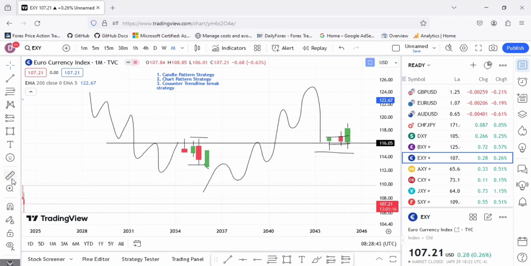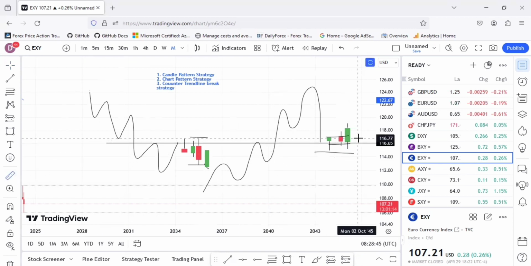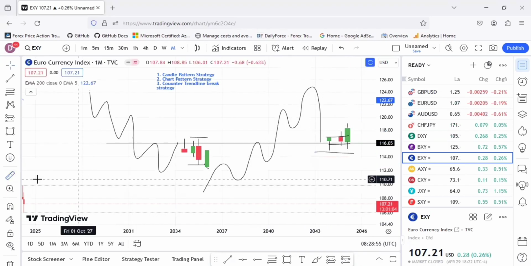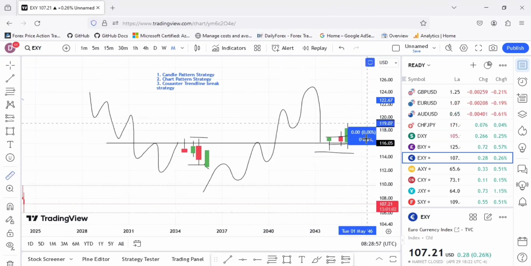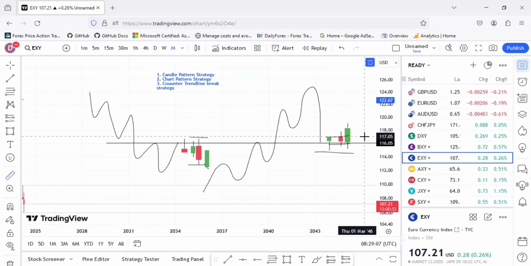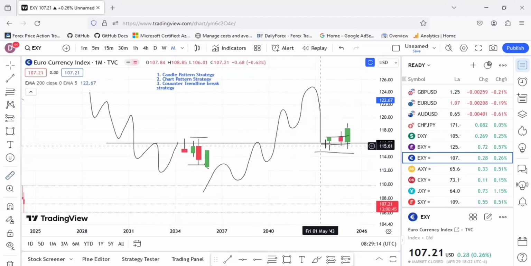So from here to here, you can see that you are taking higher risk than from here to here, where your stop loss is. You understand? So that is just the difference between the two entries.